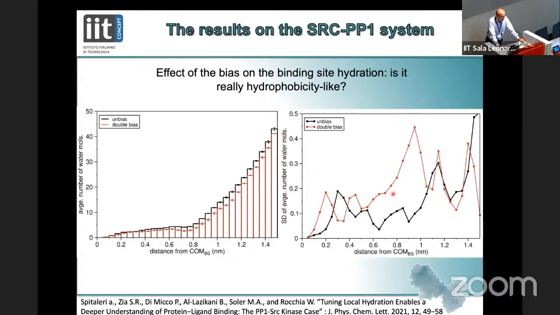So we wanted to see whether we were observing the same increase of fluctuation while reducing the hydration of our pocket, and this is what we actually observed.